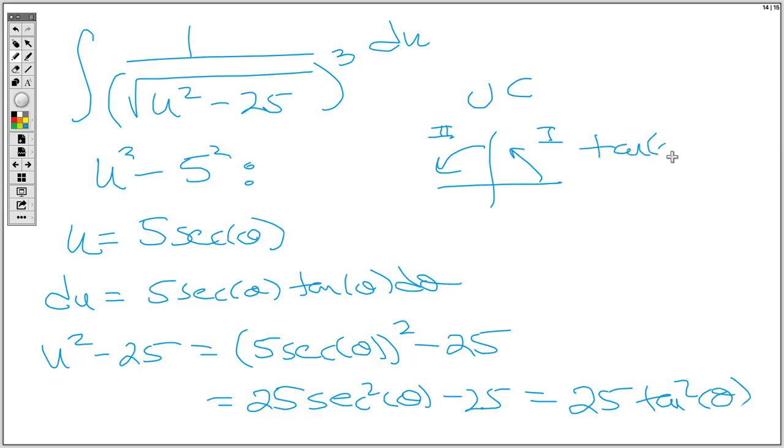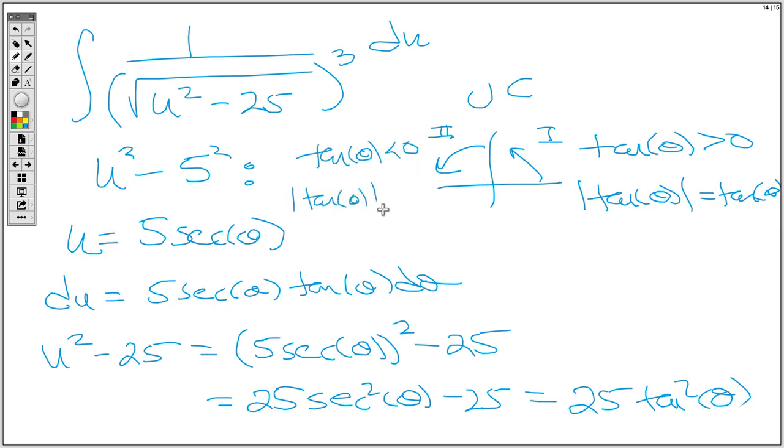Because in quadrant 1, the tangent of theta is positive, so the absolute value of tangent of theta is just the tangent of theta. But in quadrant 2, the tangent of theta is negative, so the absolute value of tangent of theta is the opposite of tangent of theta. So what we're going to have to do at this point is work through a quadrant 1 solution and see what the answer is, and then go back to see if we're in quadrant 2, what the difference is, if any. All right? So do you see why we have to break it into cases here, folks?